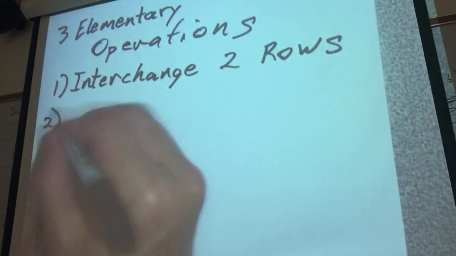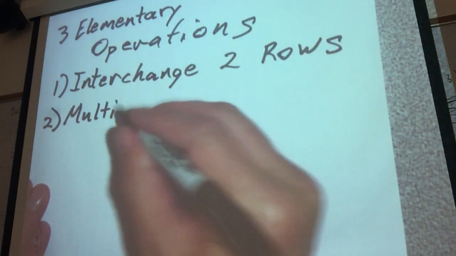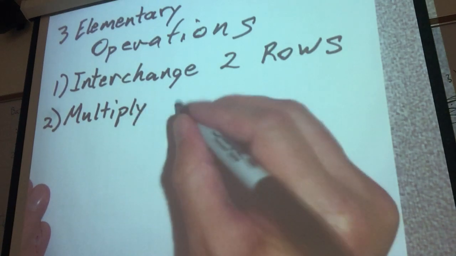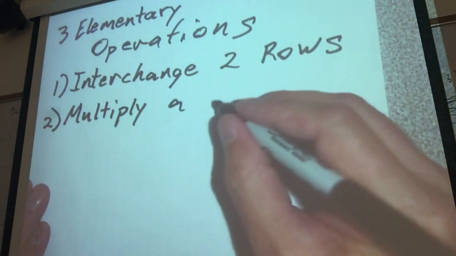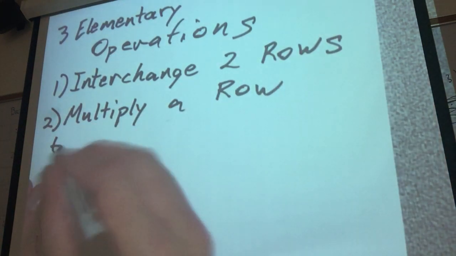Now the second one is, let's say, multiply a row by a non-zero constant.